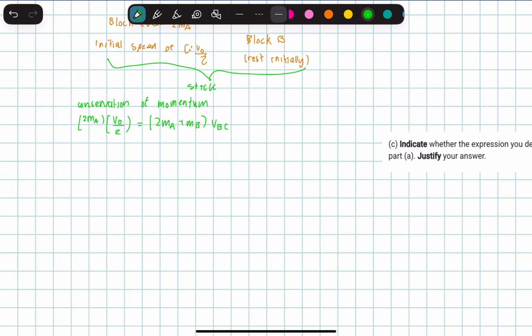If we simplify this, we can cancel out the 2 and rewrite it as MA V initial equals 2MA plus MB times VBC. Dividing both sides, VBC is MA over 2MA plus MB times V initial.